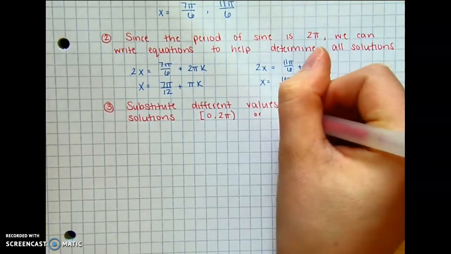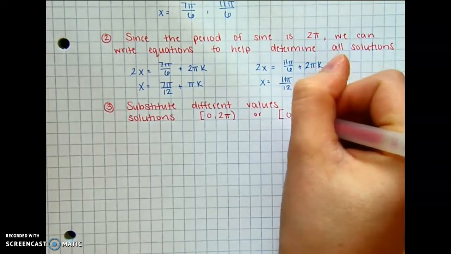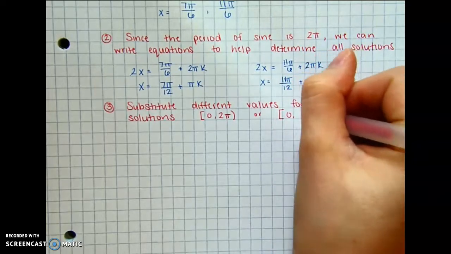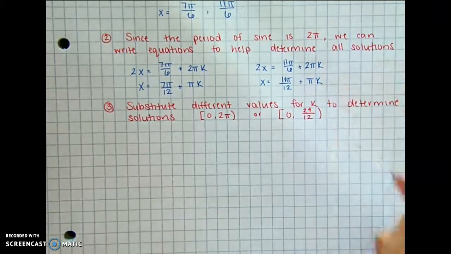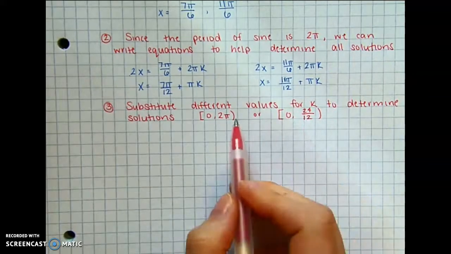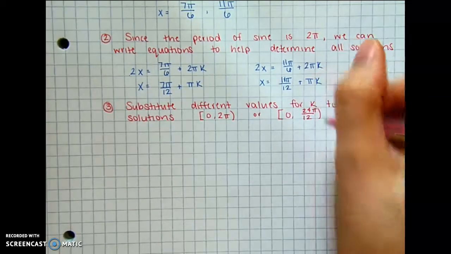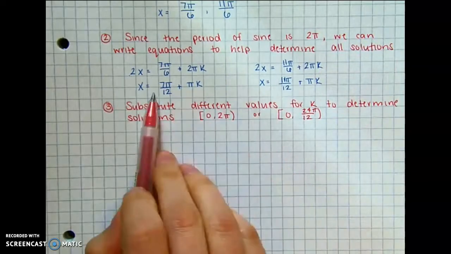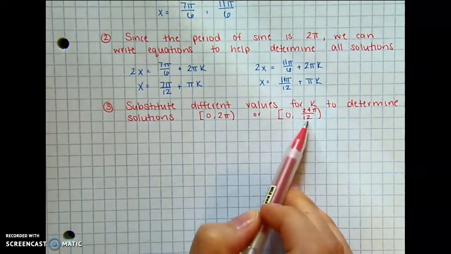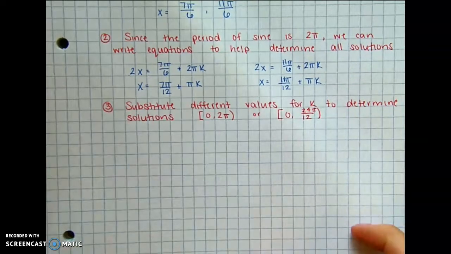Or we could think of it as 24 twelfths pi. The reason I changed this to 24 twelfths is because these both have a denominator of 12, so if I keep the same denominator, it might be easier for me to determine.